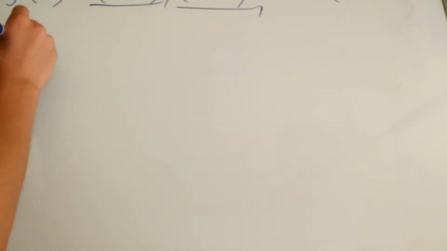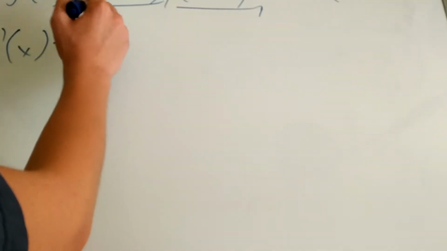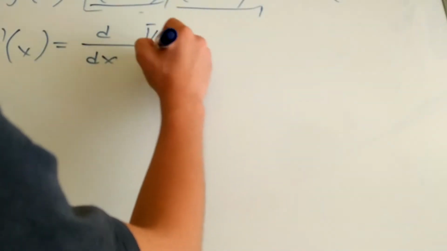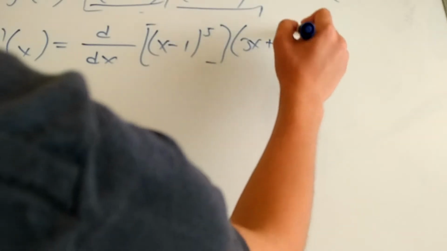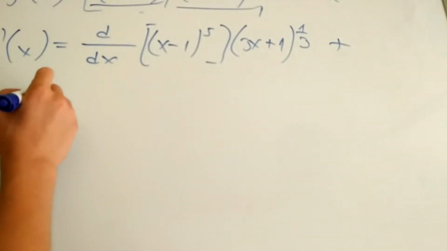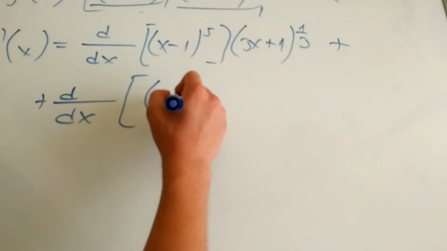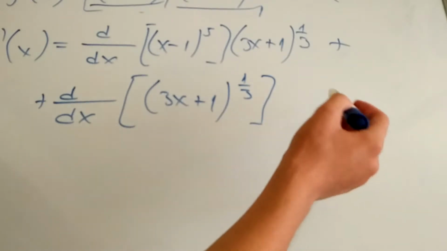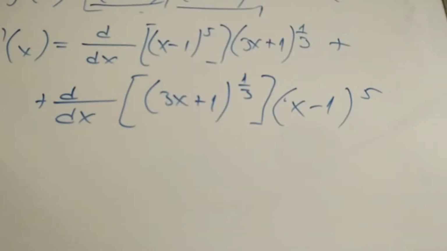We have f prime of x would be equal to, first we have to find the derivative of (x minus 1) to the fifth power, so we can write that as d of (x minus 1) to the fifth power times (3x plus 1), this is just the product rule, plus, now we have the derivative of (3x plus 1) to the 1/3 power times (x minus 1) to the fifth power. Okay, this is just the product rule.